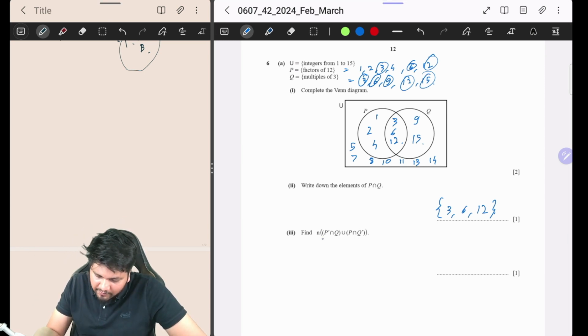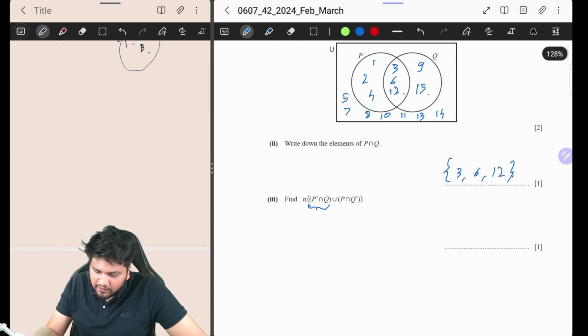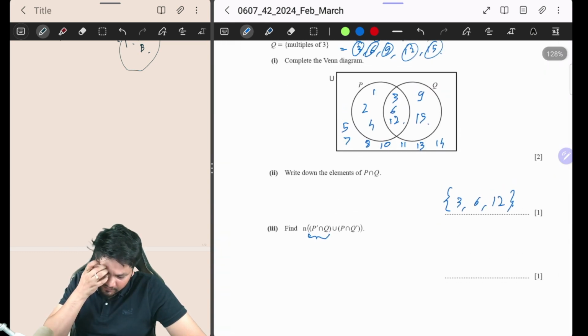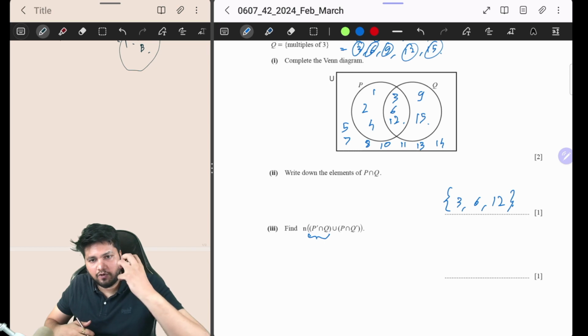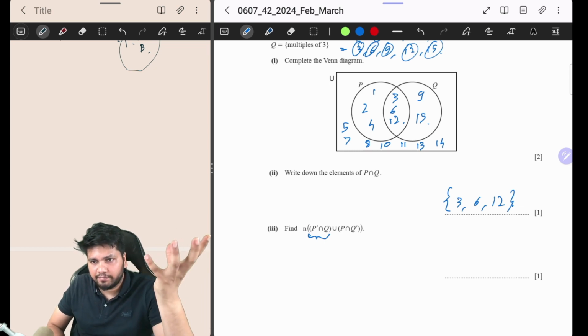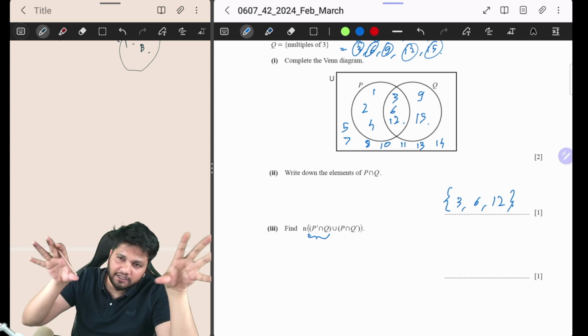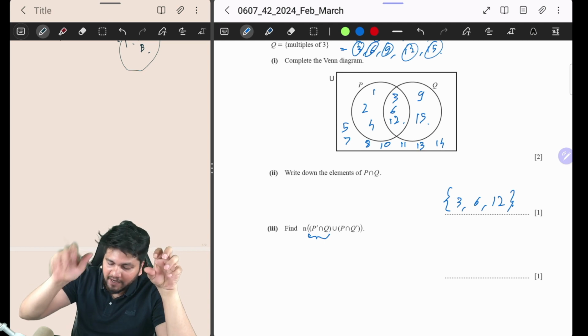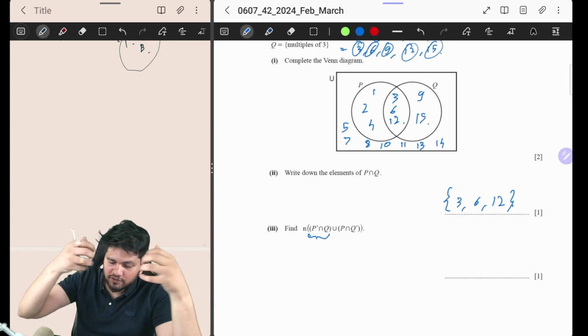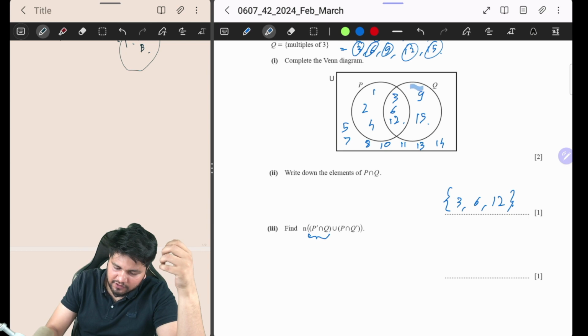So for example, P intersection Q. Now P complement intersection Q. So I don't want P. The moment I don't want P, I'm looking at that whole region except for P. But I want Q as well in that. So what is common between them? I can see for this one, it's going to be this region.